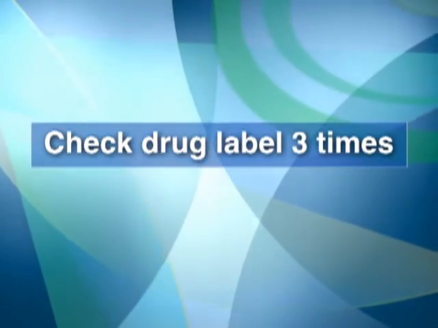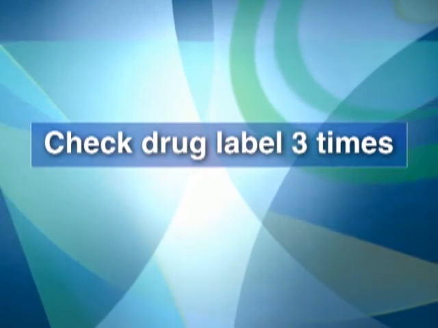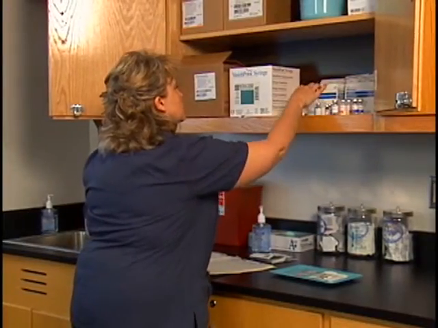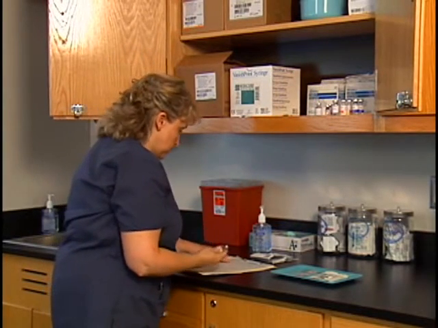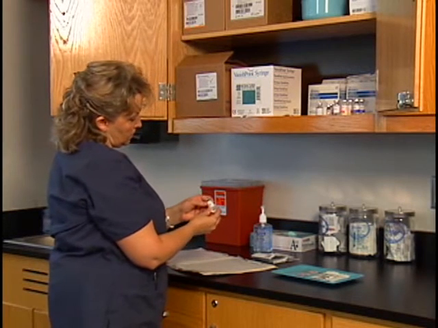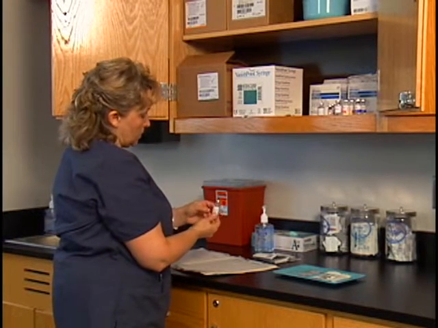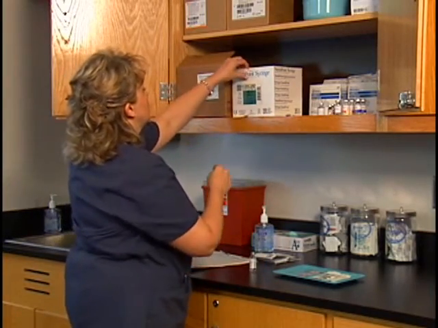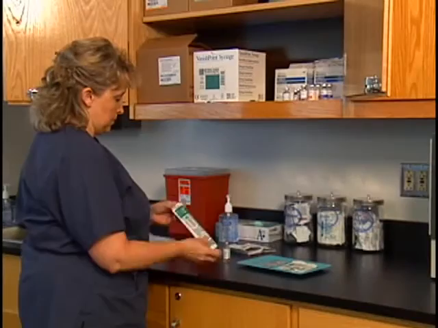During this procedure, you must check the drug label 3 times to make sure you have the correct medication. Select the proper medication from its storage location. Check the drug label and compare the medication with the physician's instructions. Check the expiration date. An outdated medication should not be used because it could produce undesirable effects.